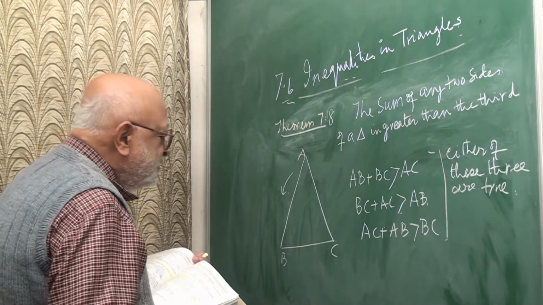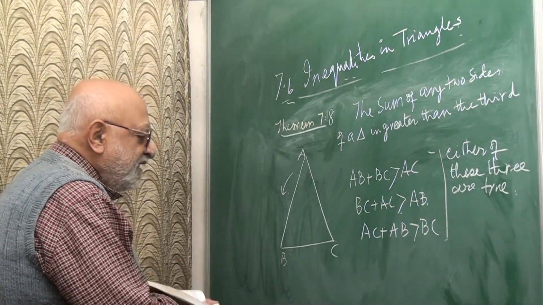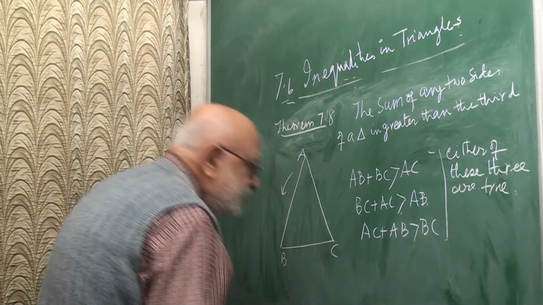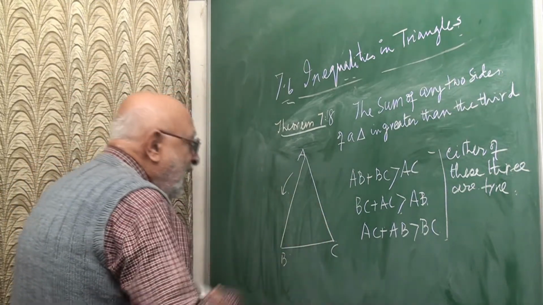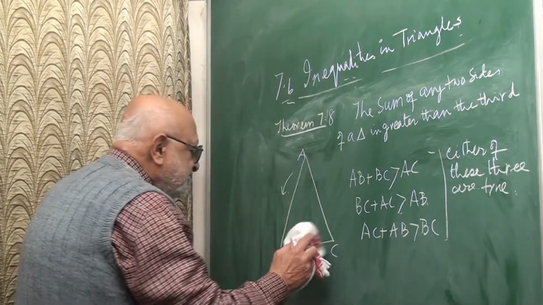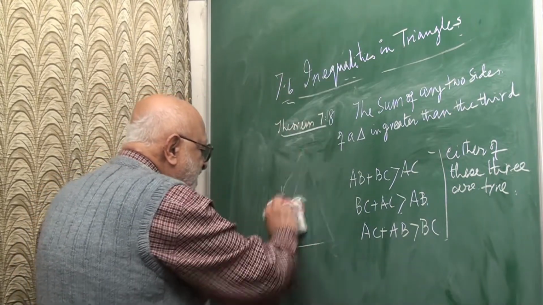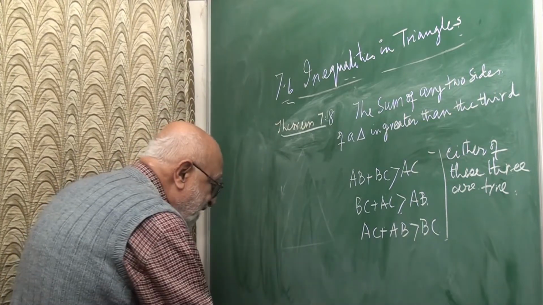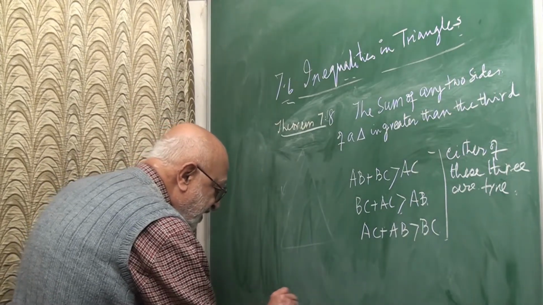How do I prove this? To prove this, I will again need a little bit of space. So I will erase this part only, and I will draw this triangle from here.